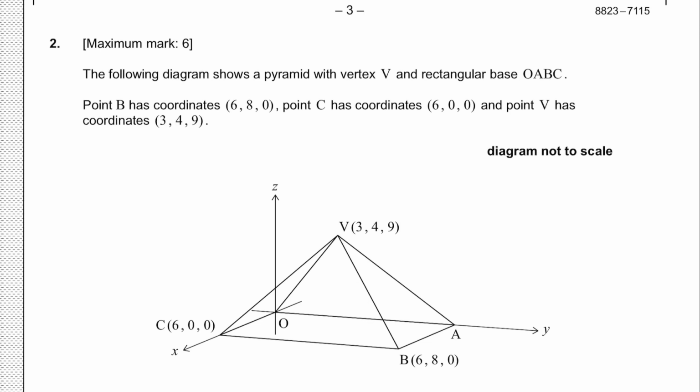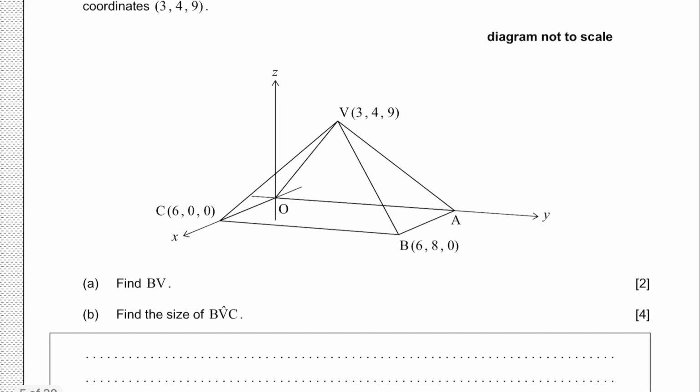Okay, then let's try question number 2. This is a 6-point question. The following diagram shows a pyramid with a vertex V and rectangular base OABC, and point B has coordinates 6, 8, 0, and point C has the coordinates 6, 0, 0, and point V has the coordinates 3, 4, 9.